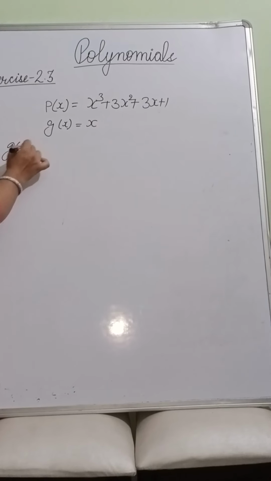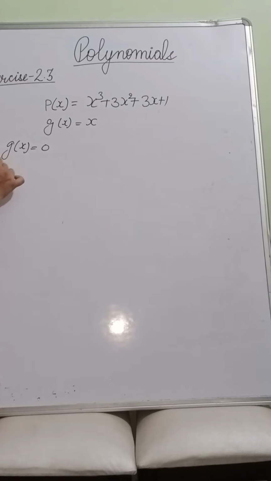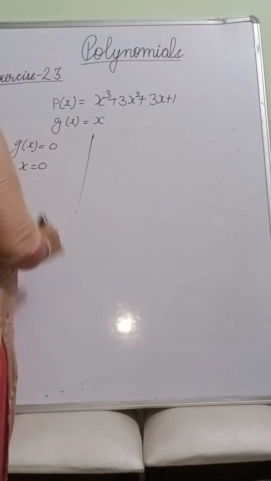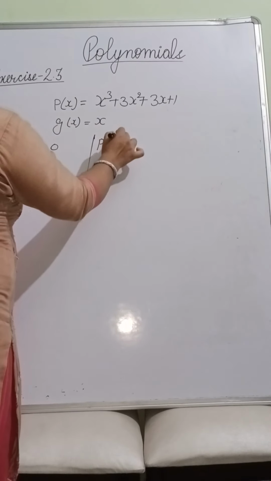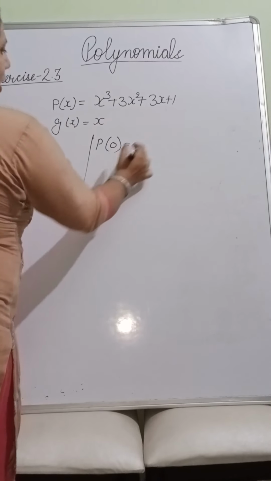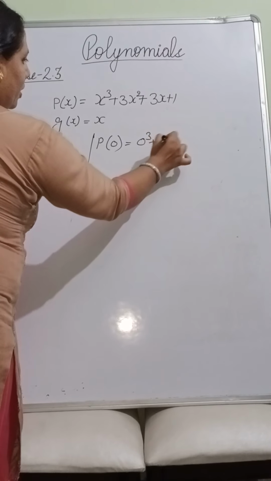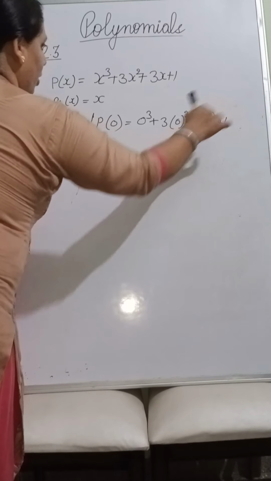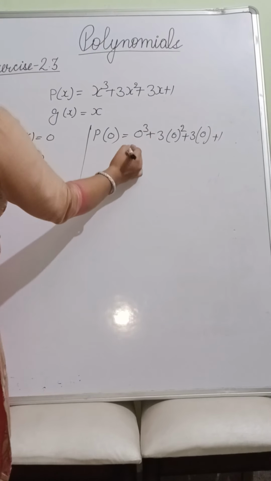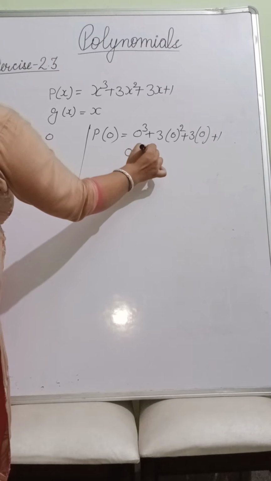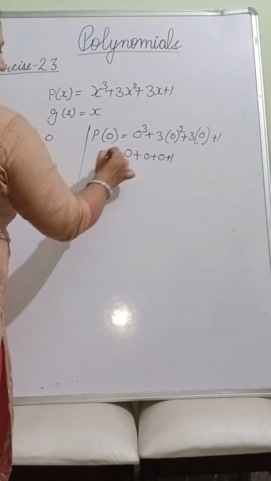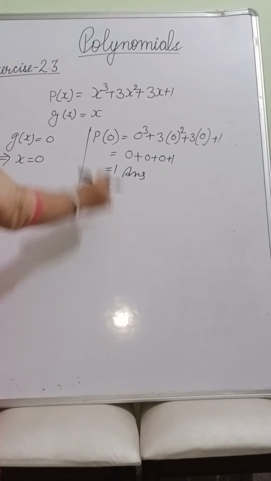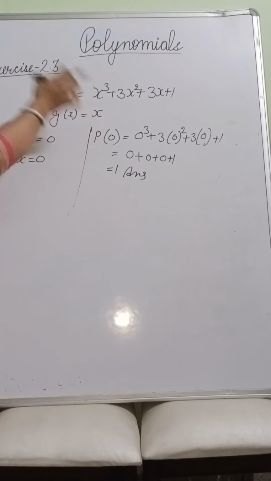Take this g(x) equals to 0. This means x equals to 0. So what you will put, beta? P(0) we will find out: 0 cube plus 3 into 0 square plus 3 into 0 plus 1. So what we are getting from here? 0 plus 0 plus 0 plus 1. So our remainder is 1 when we divide this polynomial by x.